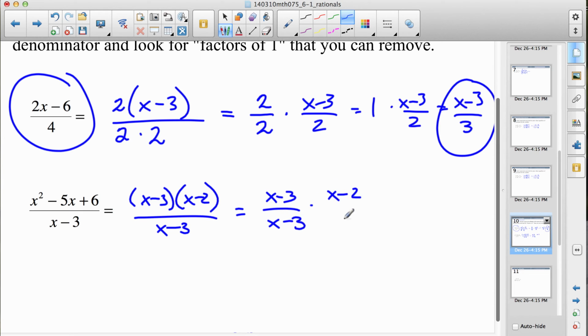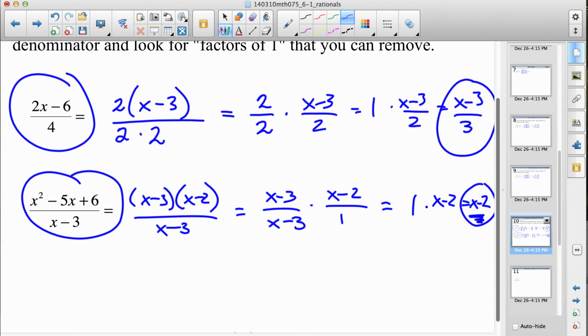Notice there's nothing underneath that because I didn't have anything else there. I guess I could put a 1 if I wanted to. Now this here, x minus 3 over x minus 3, is the same thing as 1, times x minus 2 over there, and 1 times x minus 2, of course, will be just plain x minus 2. That would be my simplification of that original expression.